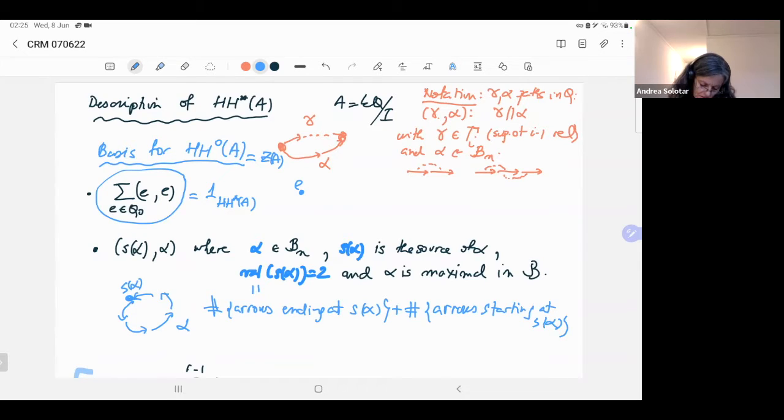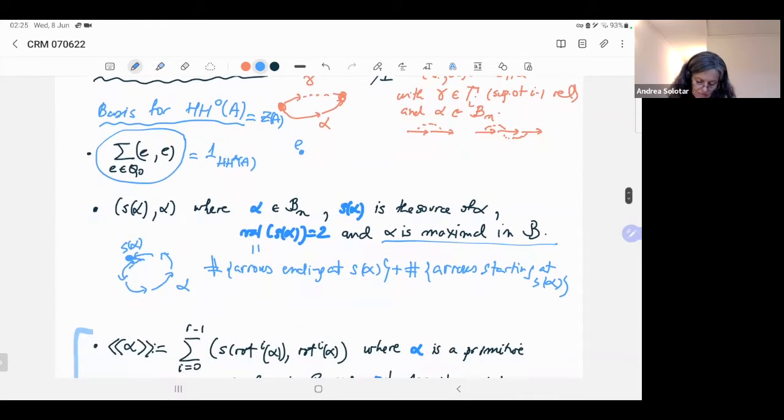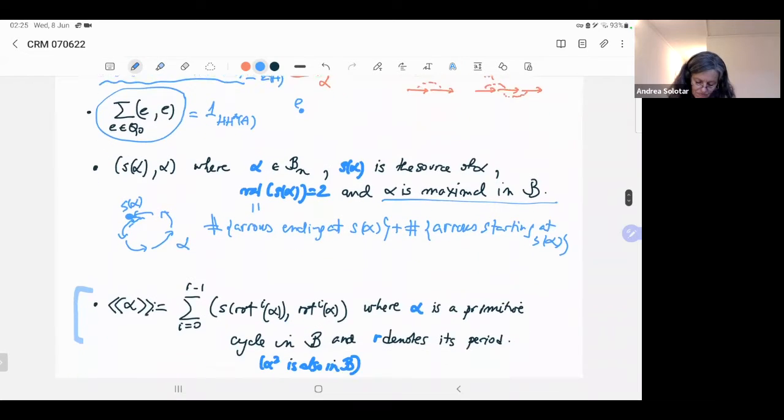So here the local configuration is just like this. You have one that is the last one in alpha that is arriving and one that is continuing. And then you ask alpha to be maximal in B, meaning that you cannot continue in a non-zero way. So here there has to be a relation between the last arrow of alpha and the first one. Okay, so this kind of configuration in the quiver with this relation gives an element in the basis of HH^0.